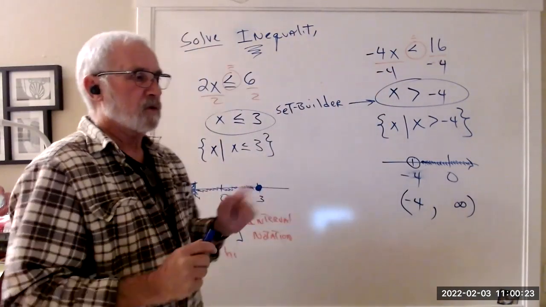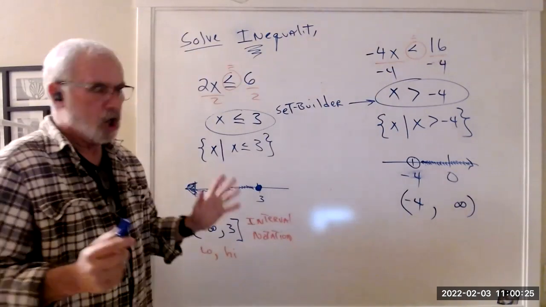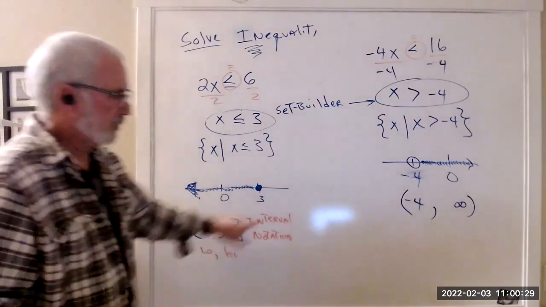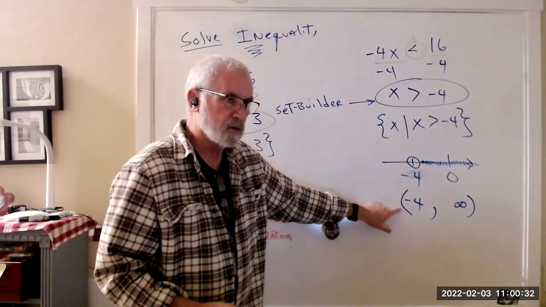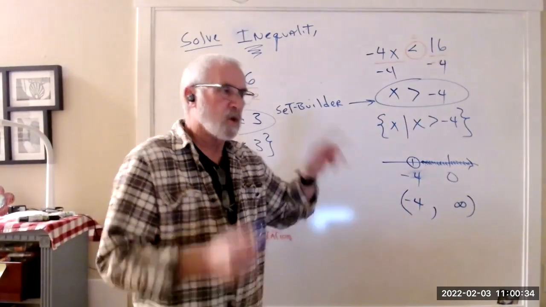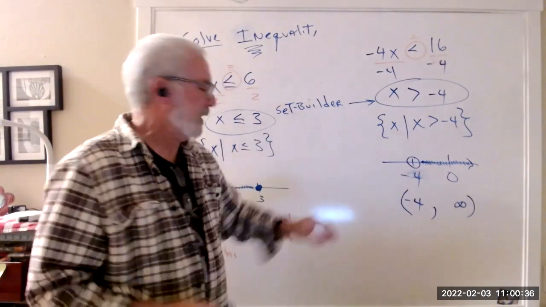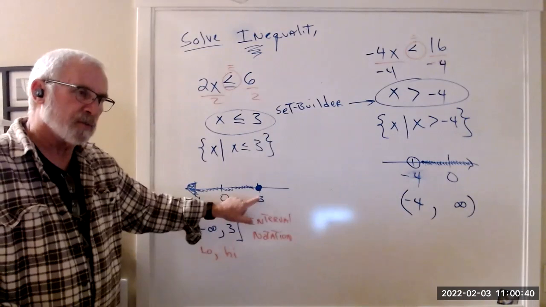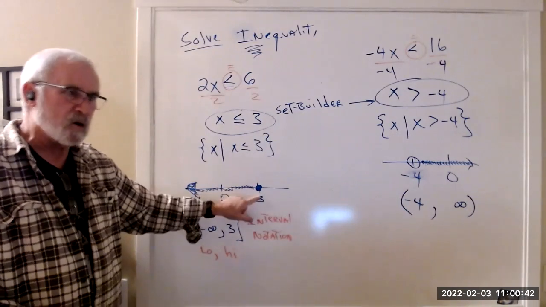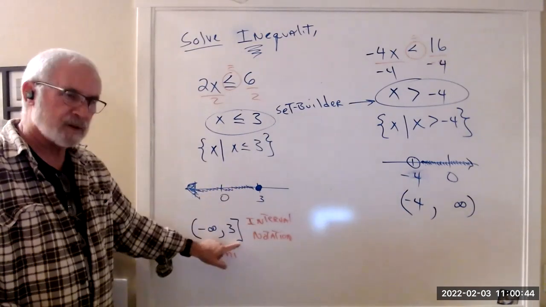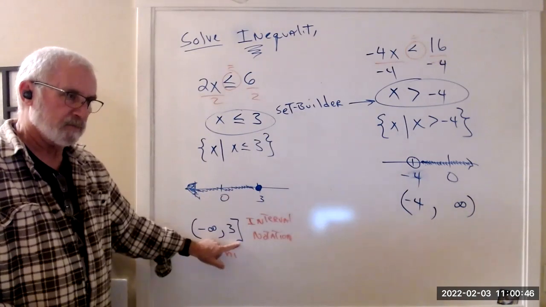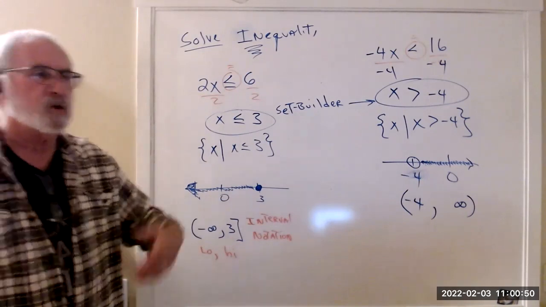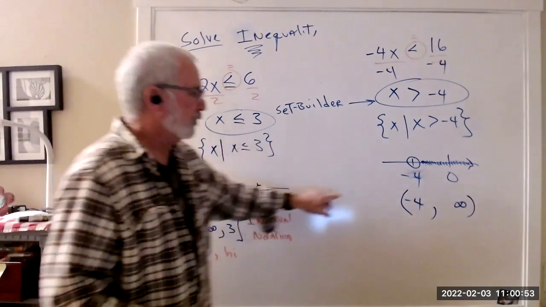Okay, so the big question is, why did you use a bracket here and a parenthesis here? The bracket is used when we actually touch the number. When we can equal the 3, that's where the bracket comes in. But if you can't touch the number, but you can come close to it, we use a parenthesis.